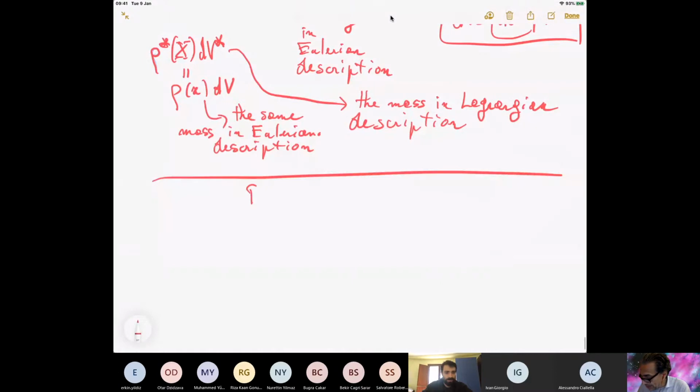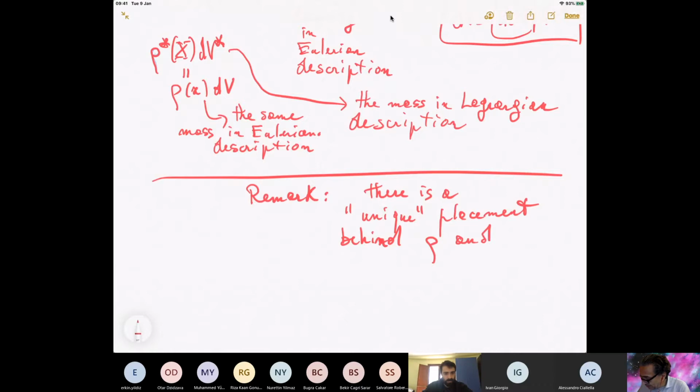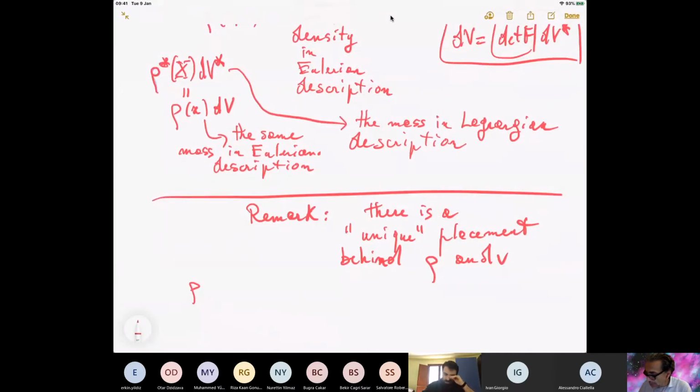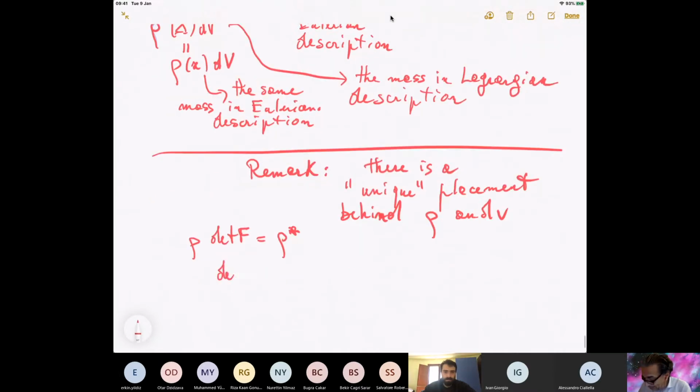So let us make another remark. There is a unique placement behind rho and V. If you remember, rho times determinant of F is equal to rho star, and F is the gradient of kappa. So rho is related to the gradient of kappa.